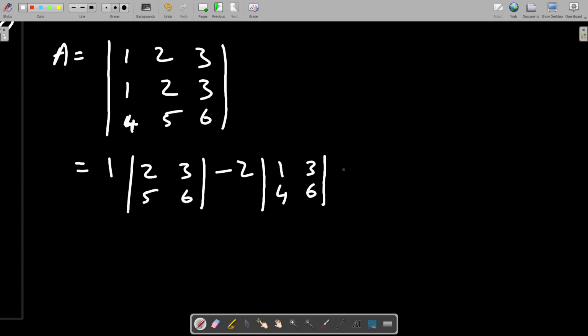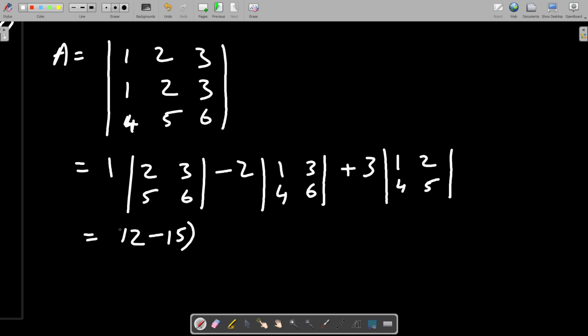And 3 into the determinant of 1 2 4 5. 2 into 6, this will give me 12, minus 5 into 3, that is 15.